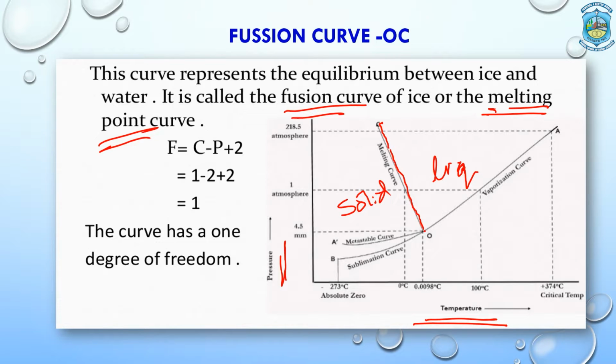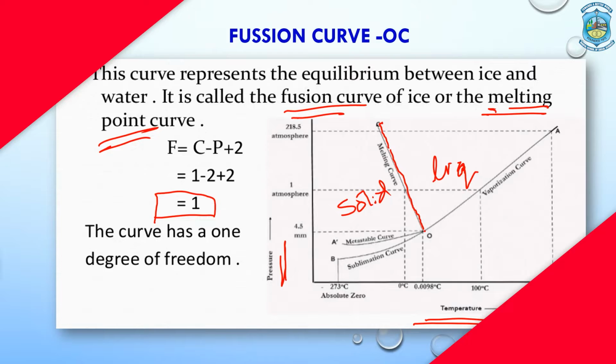So, the names of these curves have been given based on the process occurring between the change of the two phases. Again applying the phase rule, it gives F is equal to 1. So, we may generally say that all these curves are univariant with the degree of freedom as 1.